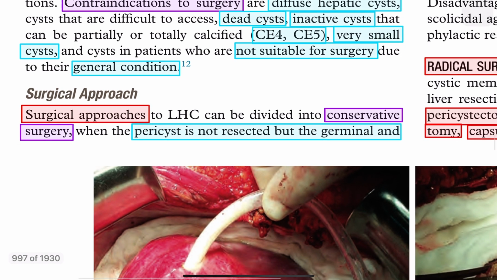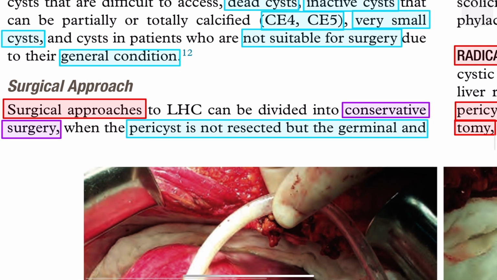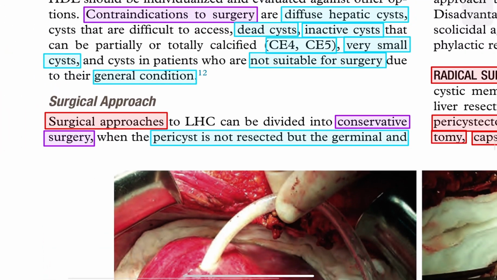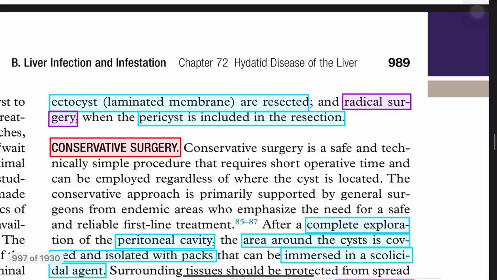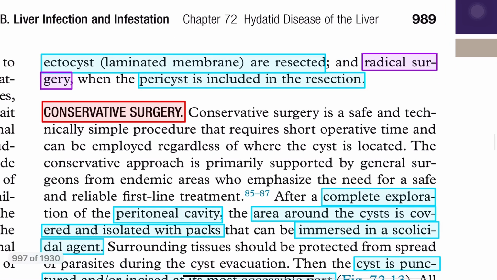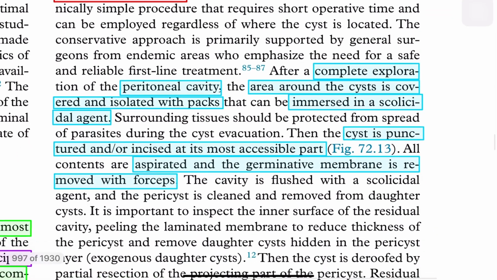Okay. And then surgical approach, mainly there are two types: conservative surgery, when the pericyst is not resected but the germinal layer and ectocyst are resected, and radical surgery, when the pericyst is included in the resection. Okay.